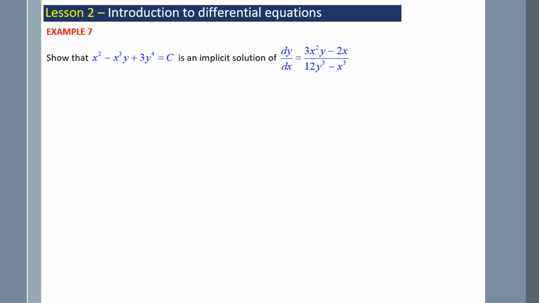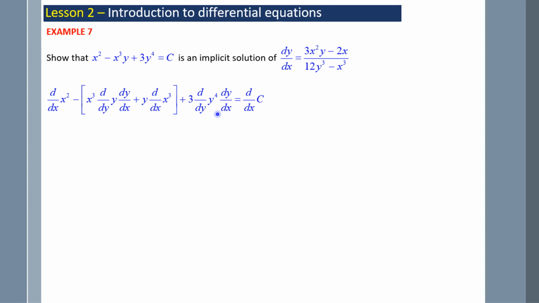Example 7. Show that x squared take x cubed y plus 3y to the 4 equals c is an implicit solution for the following differential equation. So what we want to do is differentiate this, using implicit differentiation in terms of x. So d/dx of x squared, and because we have a product here with the negative x cubed y, our u and our v, using the product rule, it will be u v dash plus v u dash.